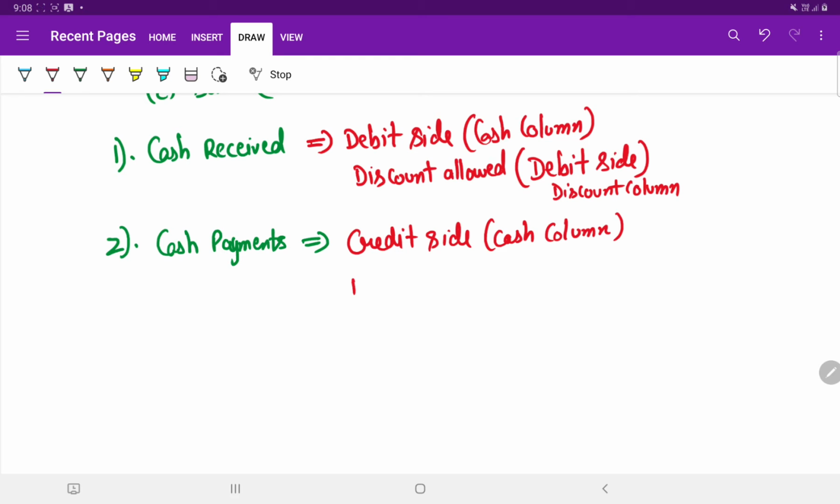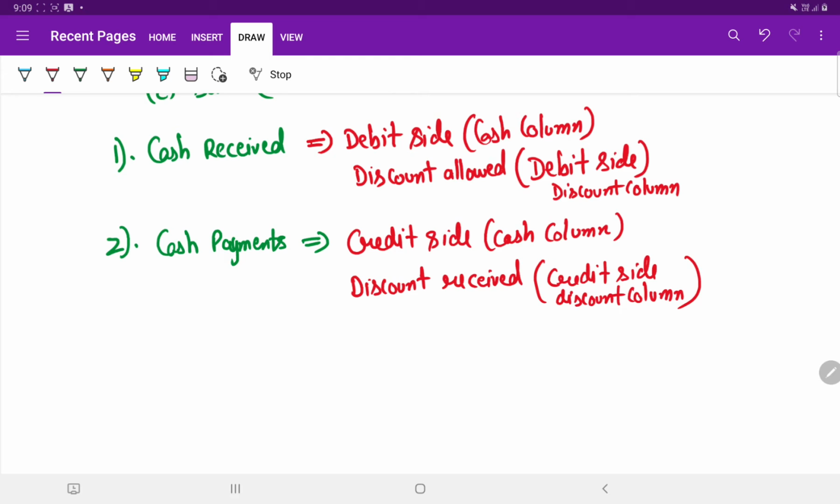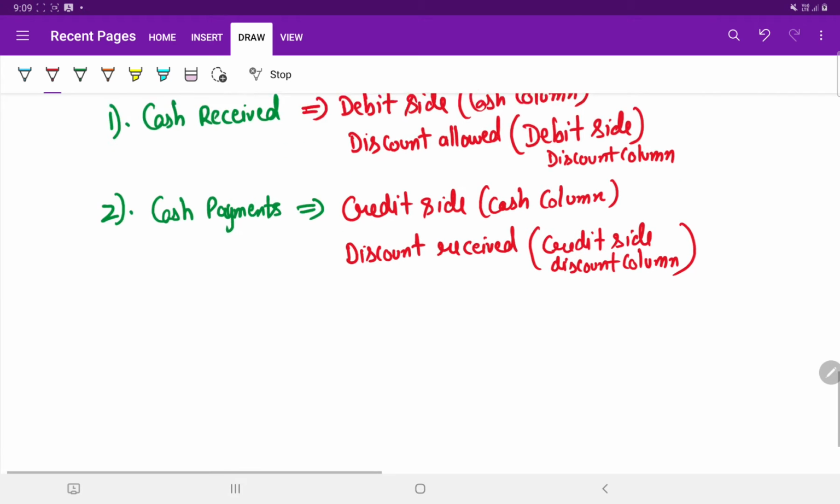And the discount received from the parties for these cash payments will be recorded on the credit side in the discount column. Whenever you solve an illustration regarding the entries to the cash book, you will have to apply these general rules.